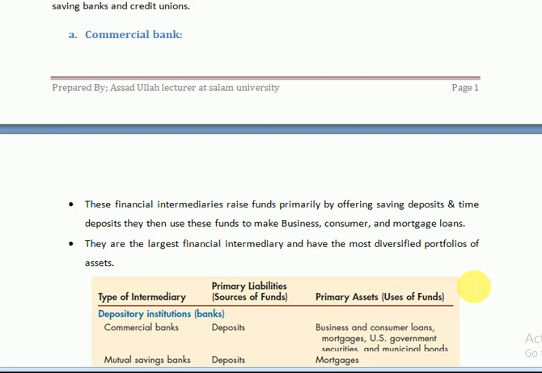They offer these choices to the depositors, and in this way they generate funds and channelize those funds further to make business loans, individual loans or mortgage loans, and in this way they circulate the funds.